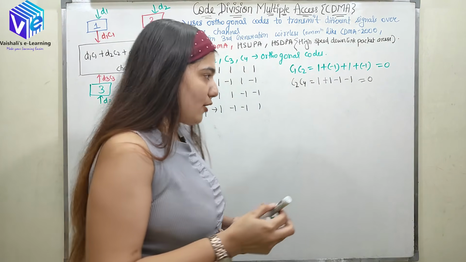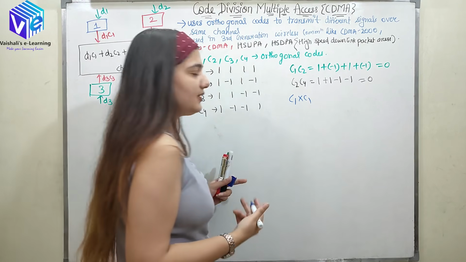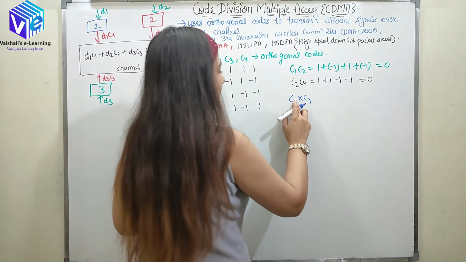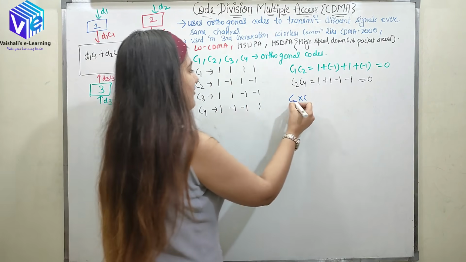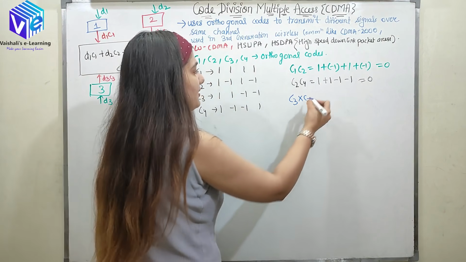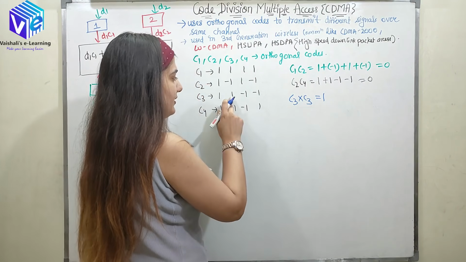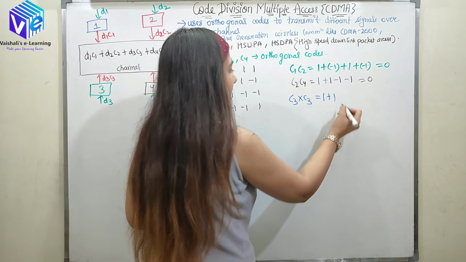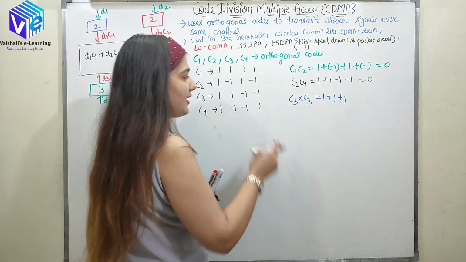Now if I talk about a single code, let's take C3 multiplied with C3 only. What would happen? 1 multiplied with 1, I'll get 1. 1 multiplied with 1, I'll get 1. Minus 1 multiplied with minus 1, again I'll get 1.